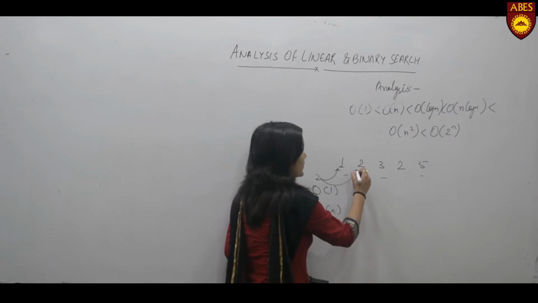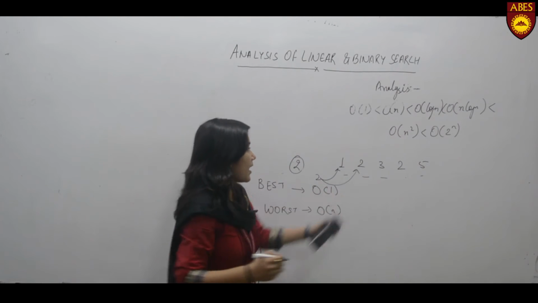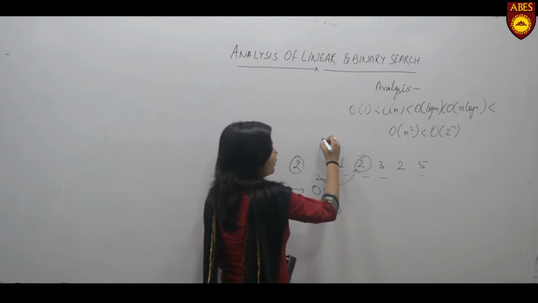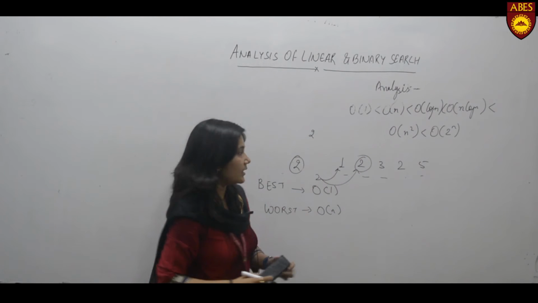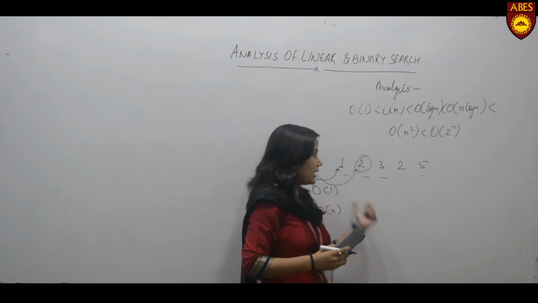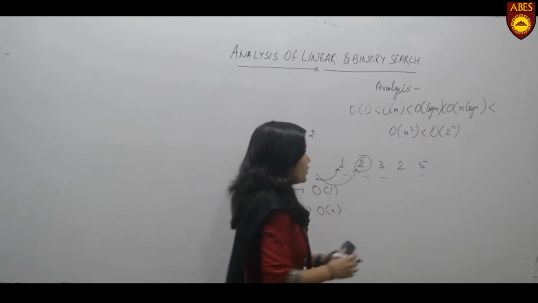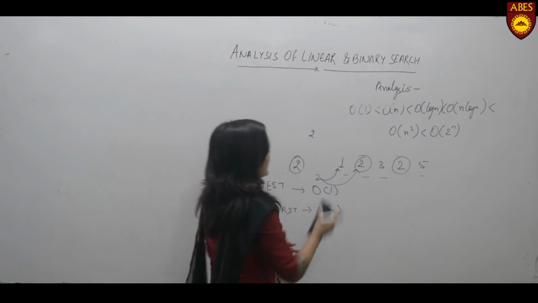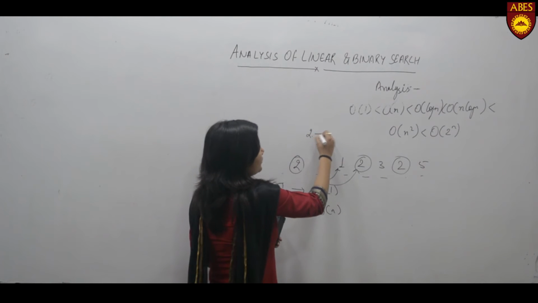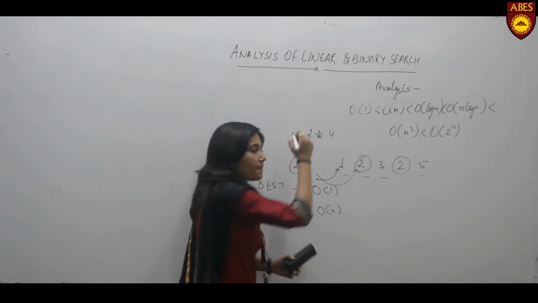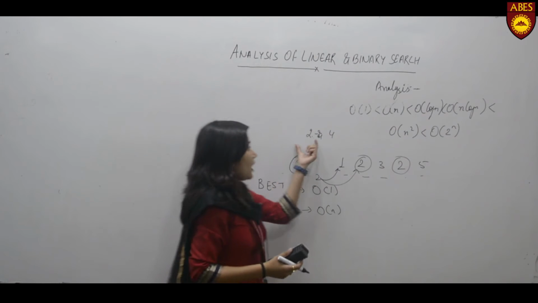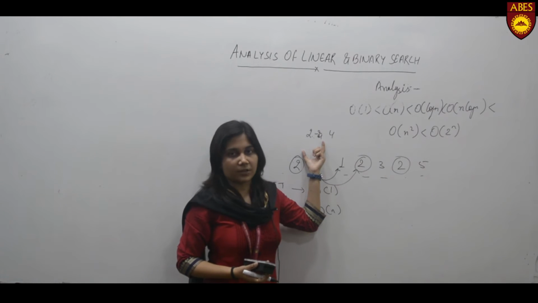If it does not match, then we will move to the next point. If it is matched, then it will track the location and count it as 2. Then we move to the next position, then to the next, and then to the next. So we are finding this element at 2 positions, and it will track the positions like 2 and 4. So this is how we work in the linear search algorithm.